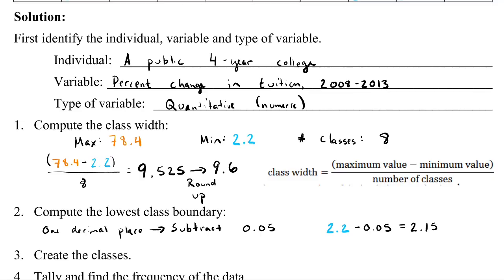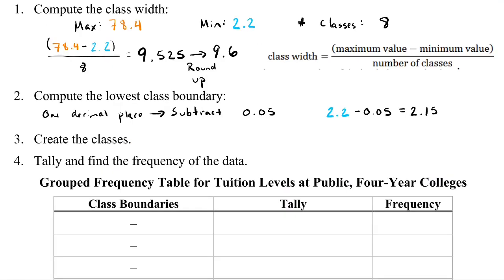All right. Next, we need to create our classes. And we're going to just do one table here. So we're going to create our classes, and then we're going to take our tally in the same table. We found our lower class boundary to be 2.15, and then we found our class width to be 9.6.